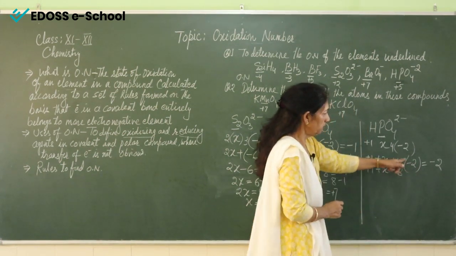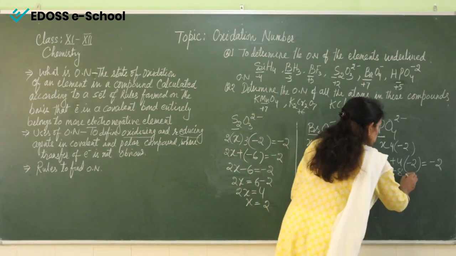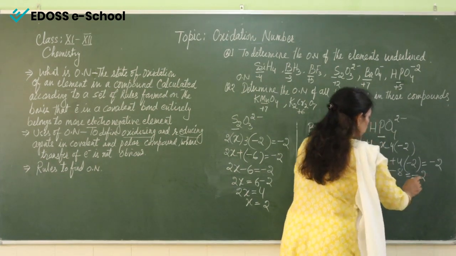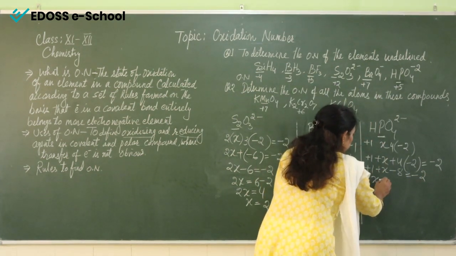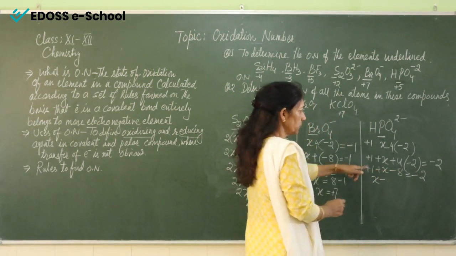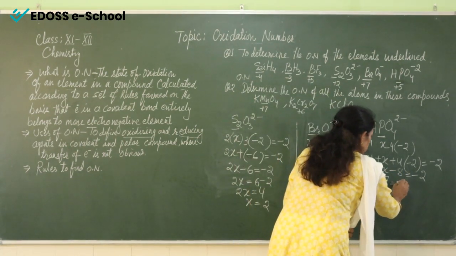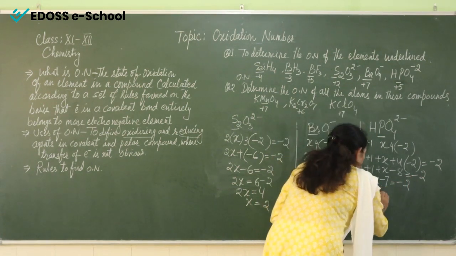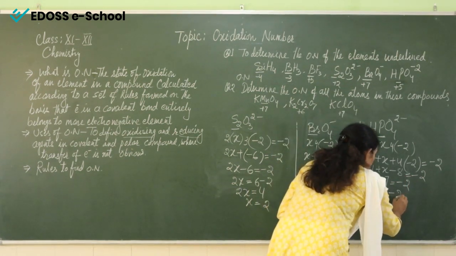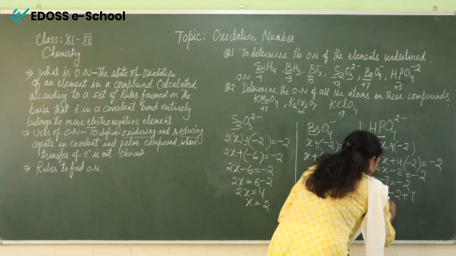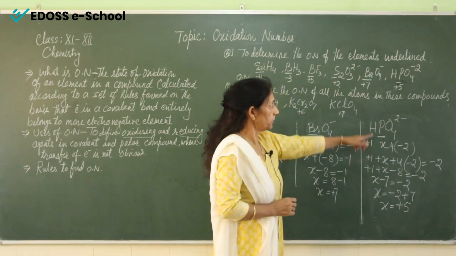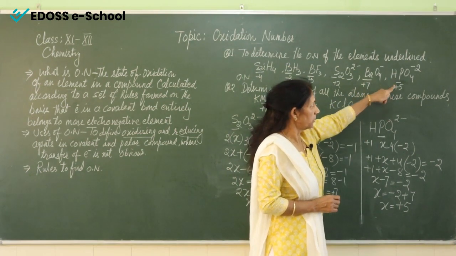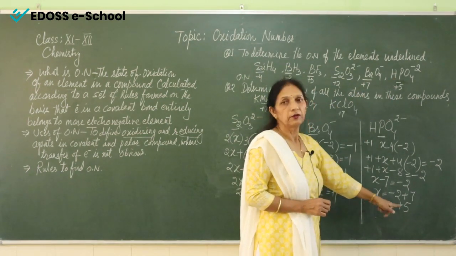This is equal to -2. So now this will be X minus 7, and this is equal to -2. So X is equal to -2 plus 7, or X is coming +5. So you can see the oxidation number of phosphorus is +5.